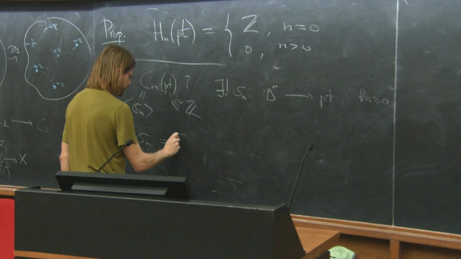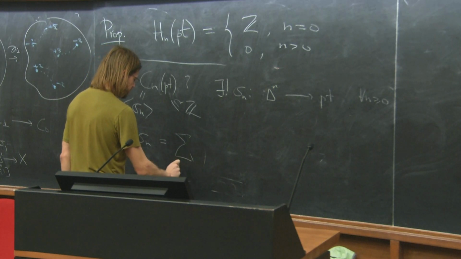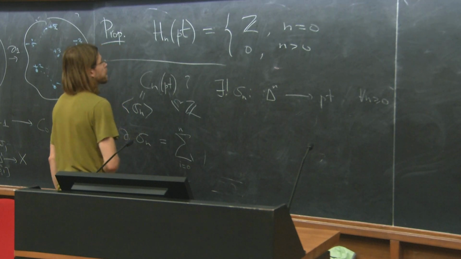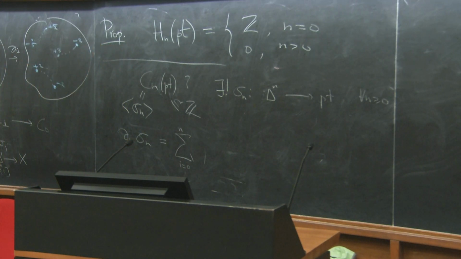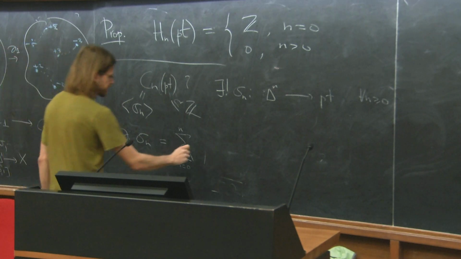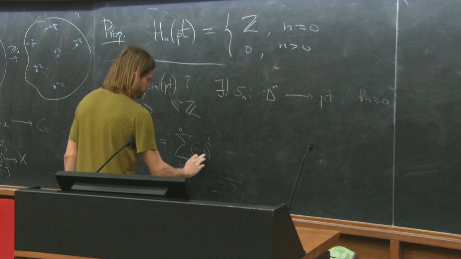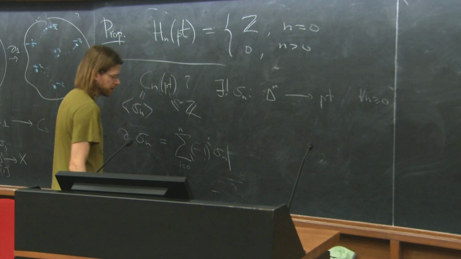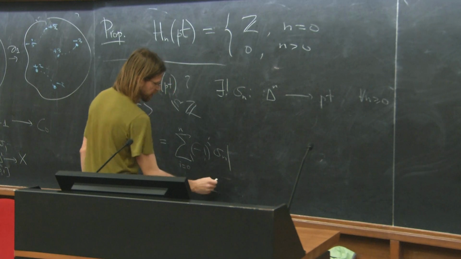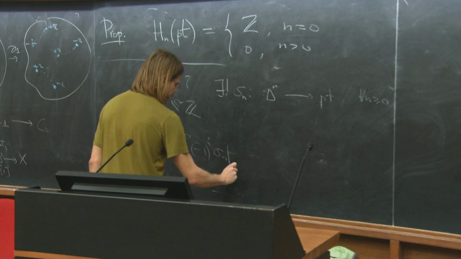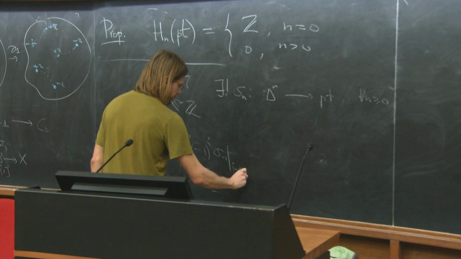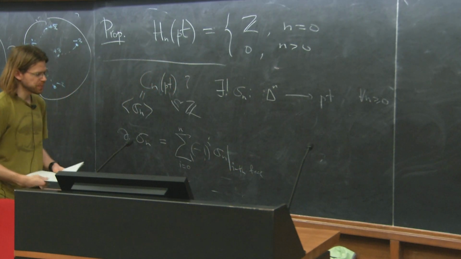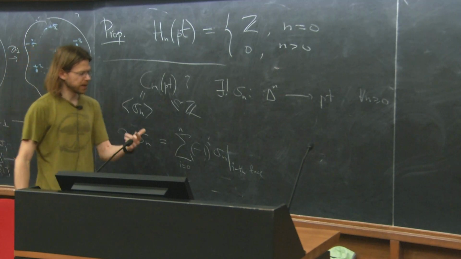well, if you remember the general formula, we have a sum from i from 0 to n of minus 1 to the i of the restriction of this map to the i-th face, which is a subsimplex where you remove the i-th vertex.